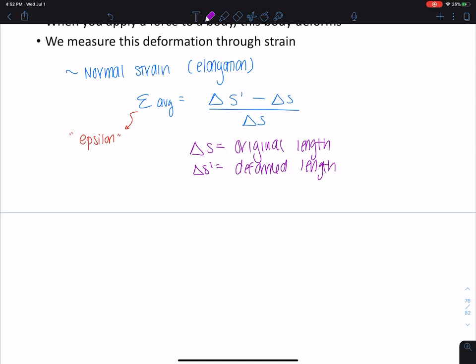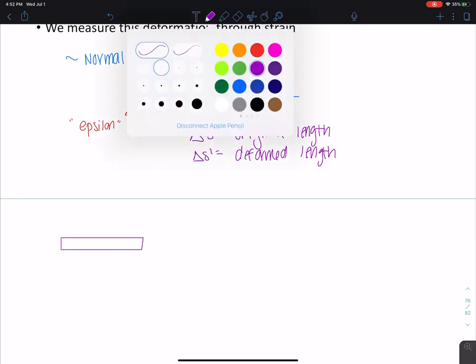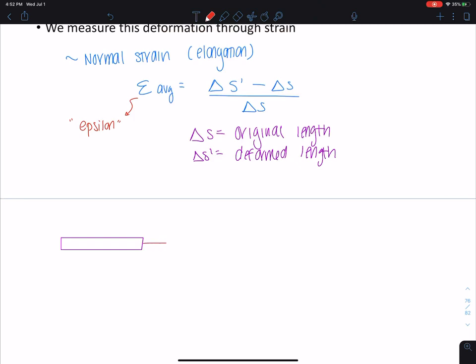Okay, so let me draw here some member. And let's say I'm pulling on this member with some force P. Okay, this is an axially loaded member in tension, right, because I'm pulling.